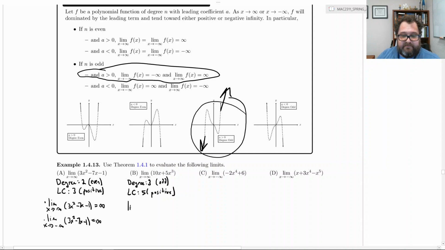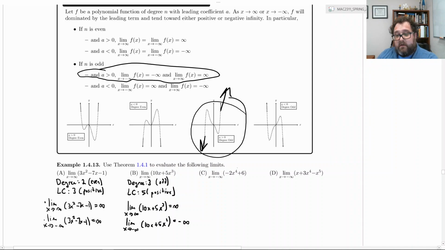So I know that the limit as x approaches infinity of 10x plus 5x cubed is equal to infinity, whereas the limit as x approaches negative infinity of 10x plus 5x cubed is equal to negative infinity. And let's fix that. Let's make sure to put a negative right there. That's more visible. Negative infinity.